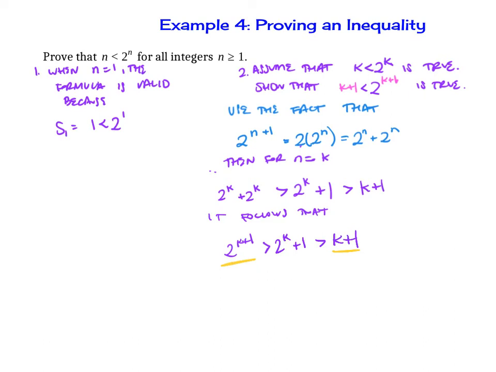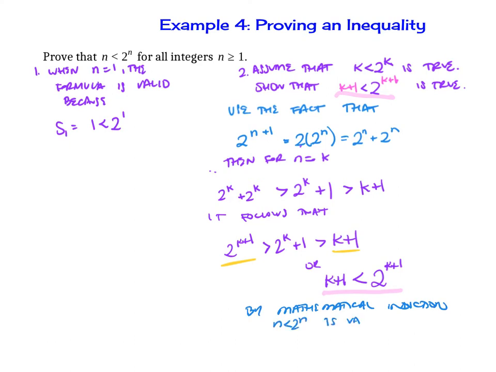So let's rewrite this. k plus 1 is less than 2 to the k plus 1, which is what we were trying to prove at the very beginning, right here. So we did that. So by mathematical induction, n is less than 2 to the n is valid for all integers n greater than or equal to 1.